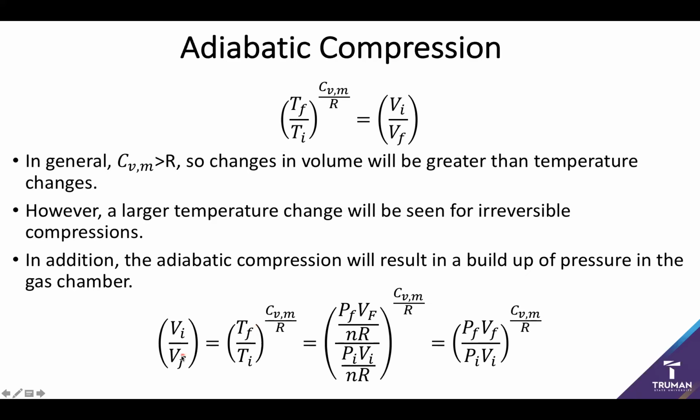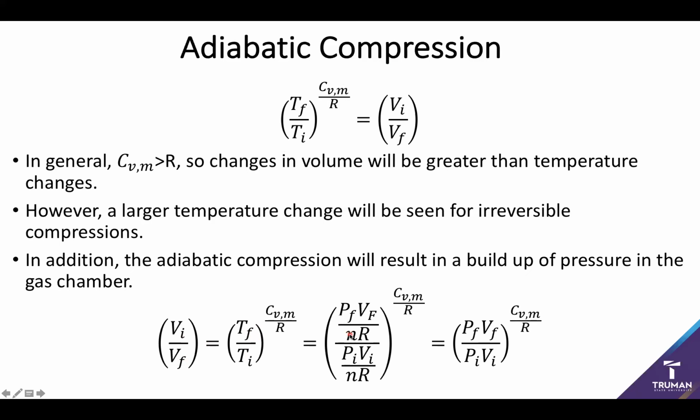So in order to do this, we're going to start with our volume term, which is going to be our easiest measurable term, and we're going to change our ratio of temperatures into a ratio of pressures. And we can do this by more or less inserting our ideal gas law in because we've already made the assumption of an ideal gas.